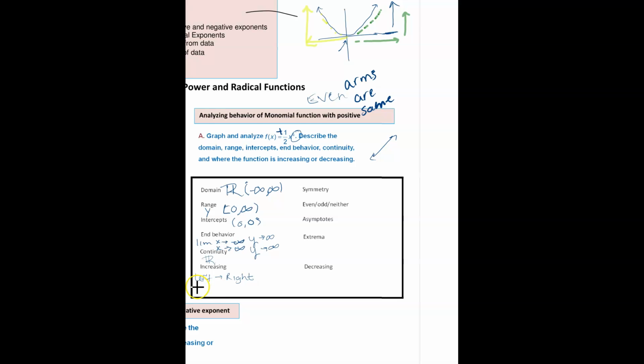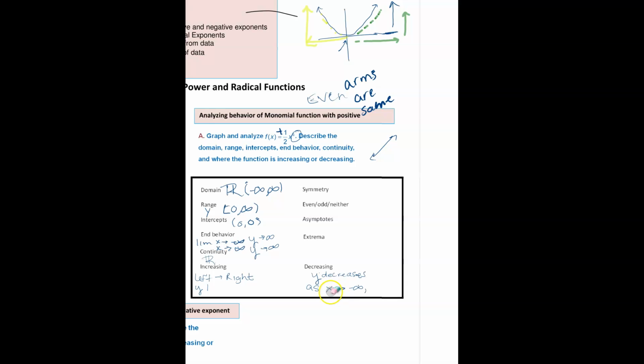Remember, x values. So y values decrease as x values go from negative infinity to 0.